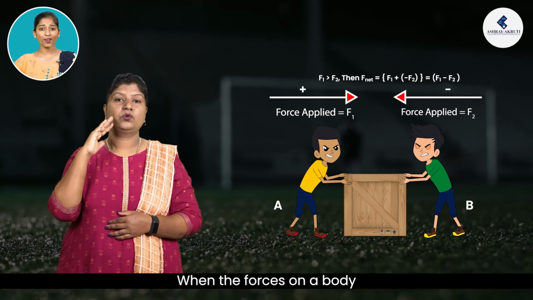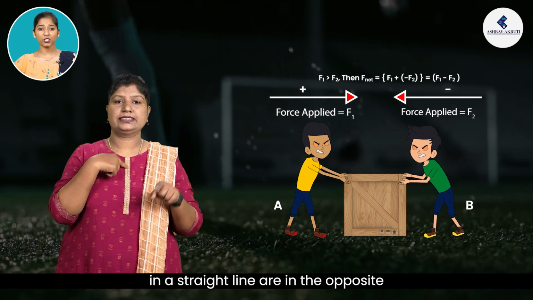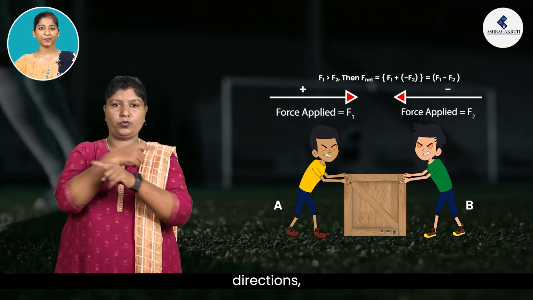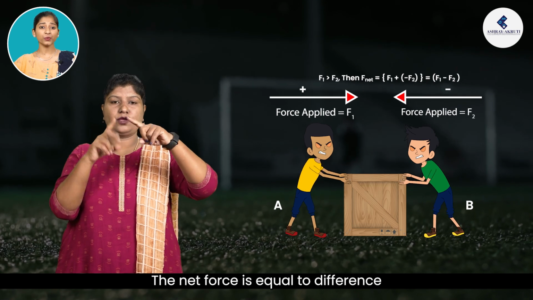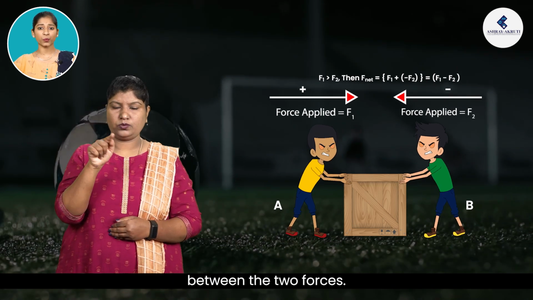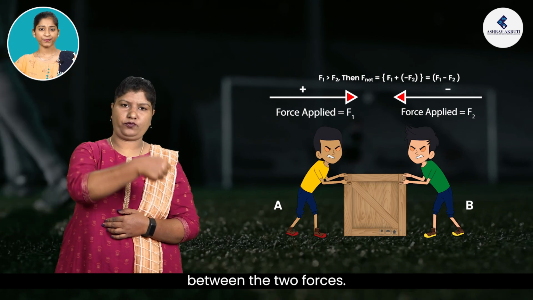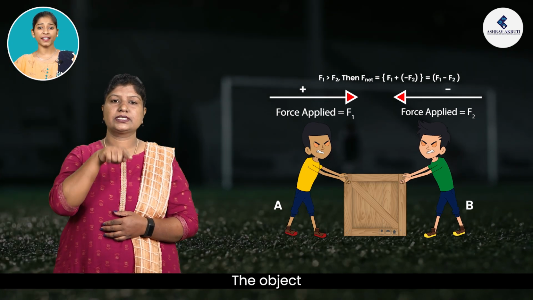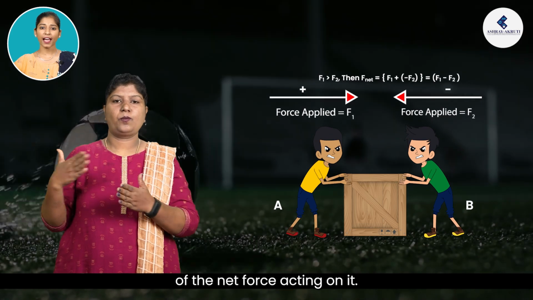When the forces on the body in a straight line are in opposite directions, the net force is equal to the difference between the two forces. The object at rest moves in the direction of the net force acting on it.